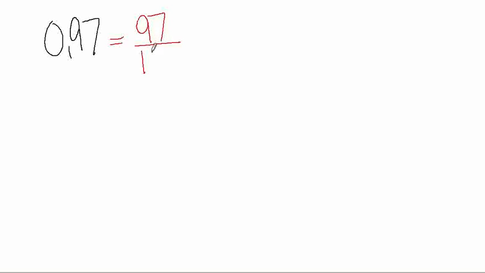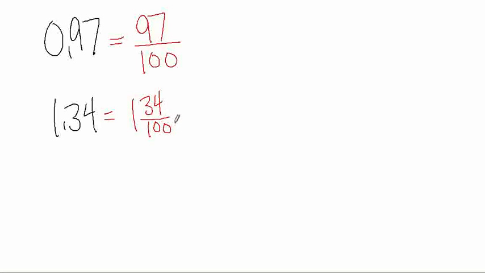It's 97 over 100. What about 1.34? Go ahead and try to do that now. Okay, I'll go ahead and work that out now. So that's equal to 1 and 34/100.